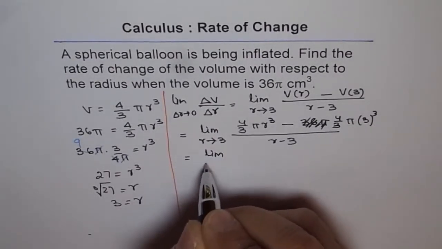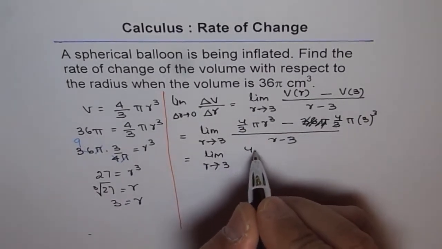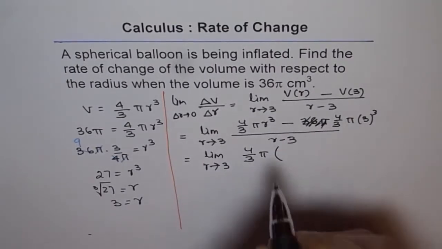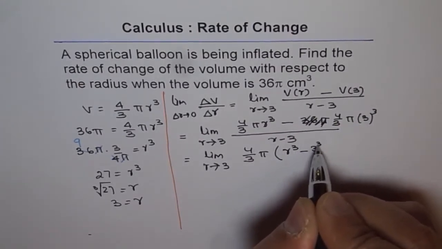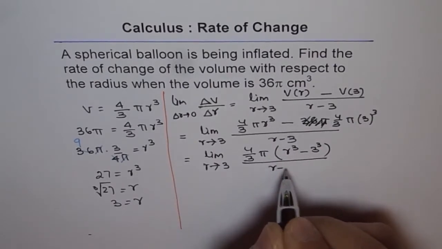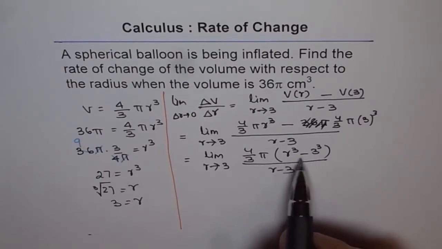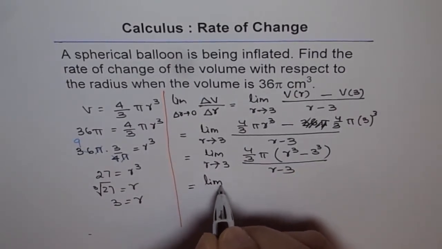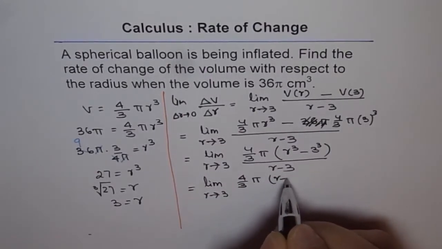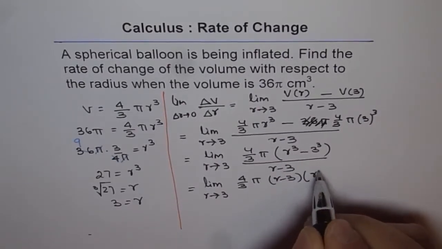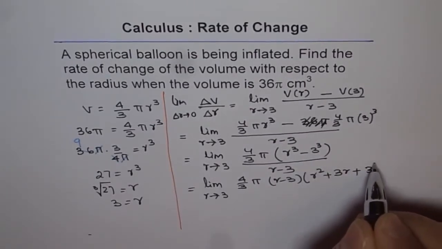So I've purposely done this to show you an alternate way of doing it. It says limit r approaches 3, and we can take 4 by 3 pi common. Do you see that? This 4 by 3 pi is common. And what are we left with? We are left with r cube minus 3 cube, and in the denominator we have r minus 3. Now you can factor r cube minus 3 cube using the a cube minus b cube formula. So we get limit r approaches 3, 4 by 3 pi, and that is r minus 3 times r square plus 3 times r plus 3 square, right?